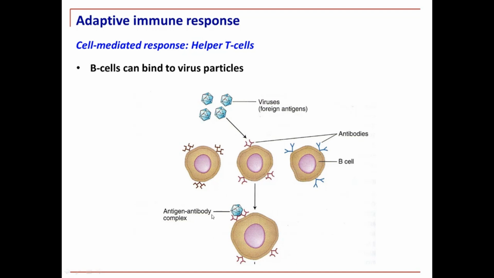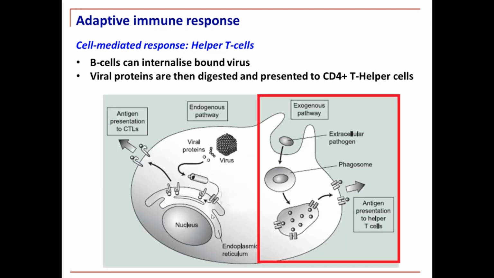So we've now got a B cell attached to a virus in this case, and this is where we hit the exogenous pathway. The B cells can internalize the bound virus through the exogenous pathway. The viral proteins are then digested and presented onto the surface to CD4 positive T helper cells. Again, they're broken down and presented onto the surface of the cell.